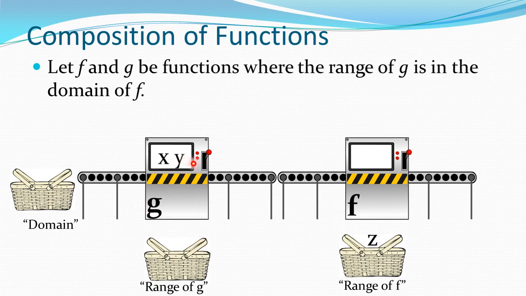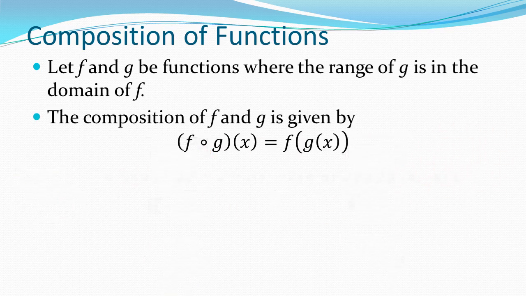So you get this, and it becomes g of x, right? And this g of x, this value, it continues and goes into the function f, and then the machine f assigns a value z to g of x, and it becomes f of g of x. And that's the final output of this machine.